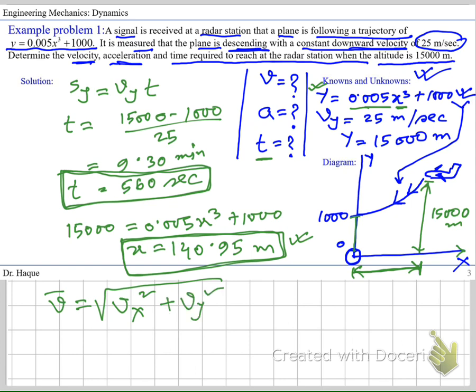I'm sorry, this will be the magnitude, and the velocity in vector form would be vx i in the x direction and vy j in the y direction.